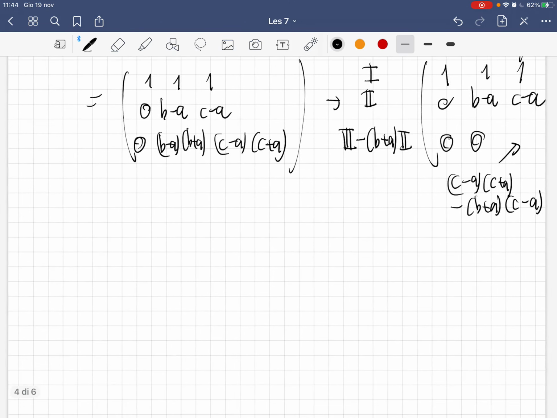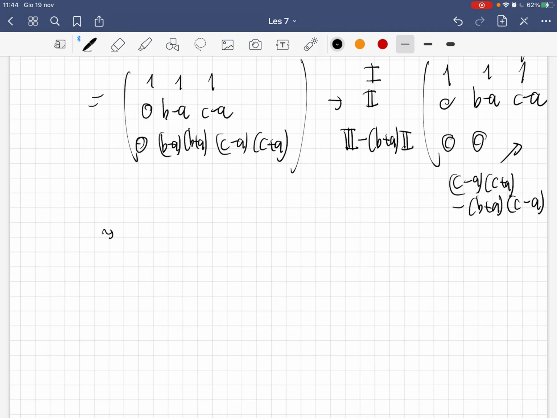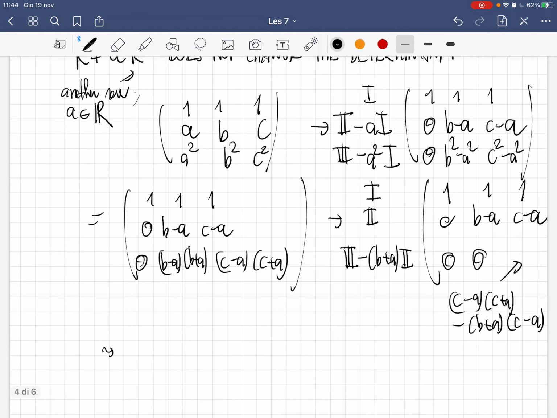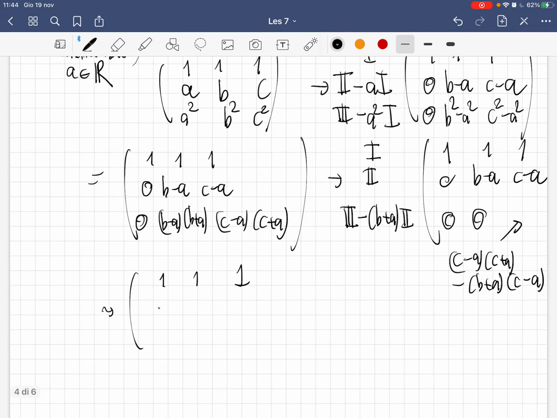Okay, so let's write it nicely. The point is that after these operations, the original determinant didn't change. So we are left to compute the determinant of this matrix. Let me just simplify things a little bit.